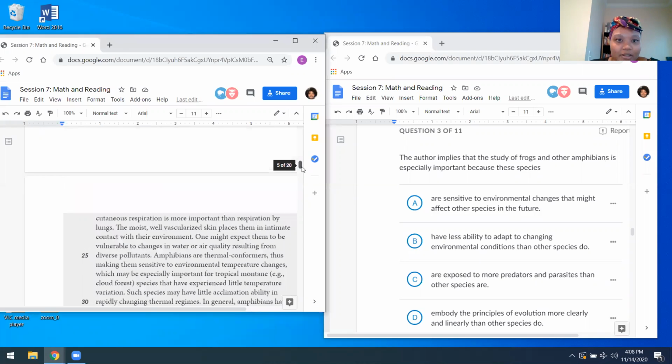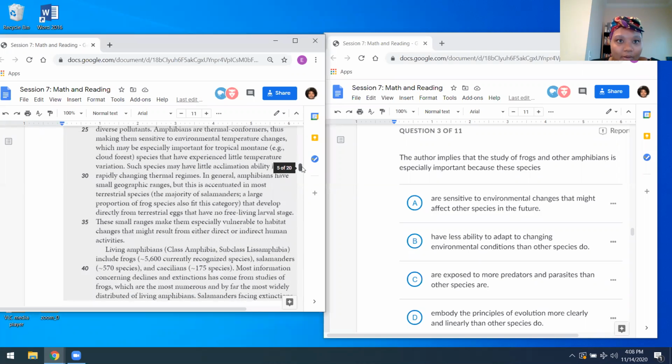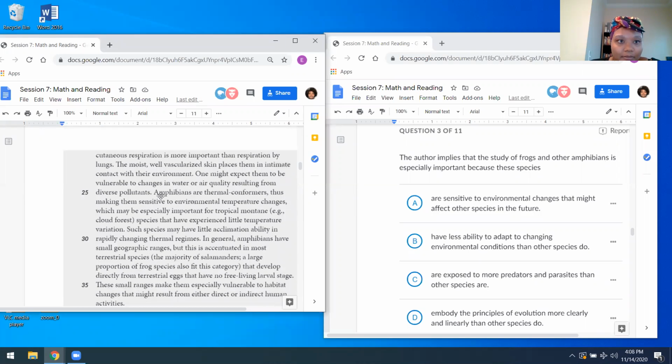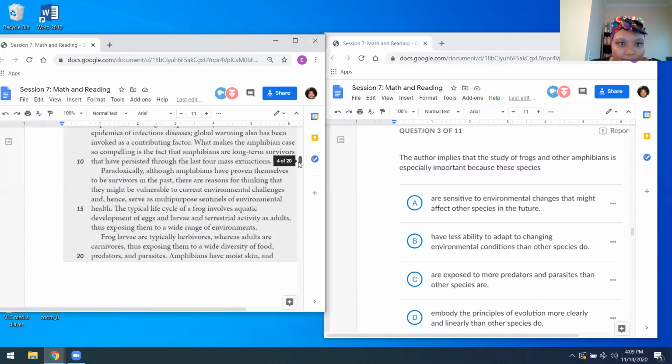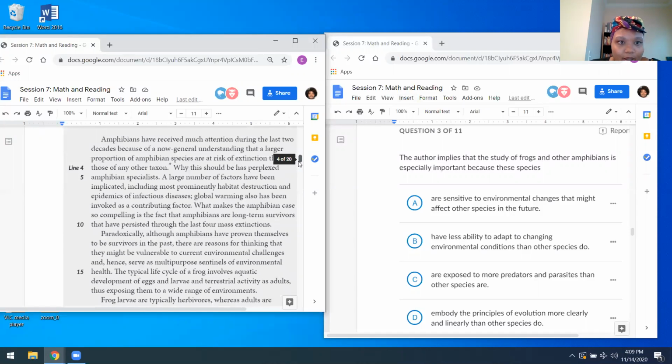It mentions in the text how amphibians are thermal conformers. And here, what line is this? Line 11. Paradoxically, and that's one that you had referenced before.